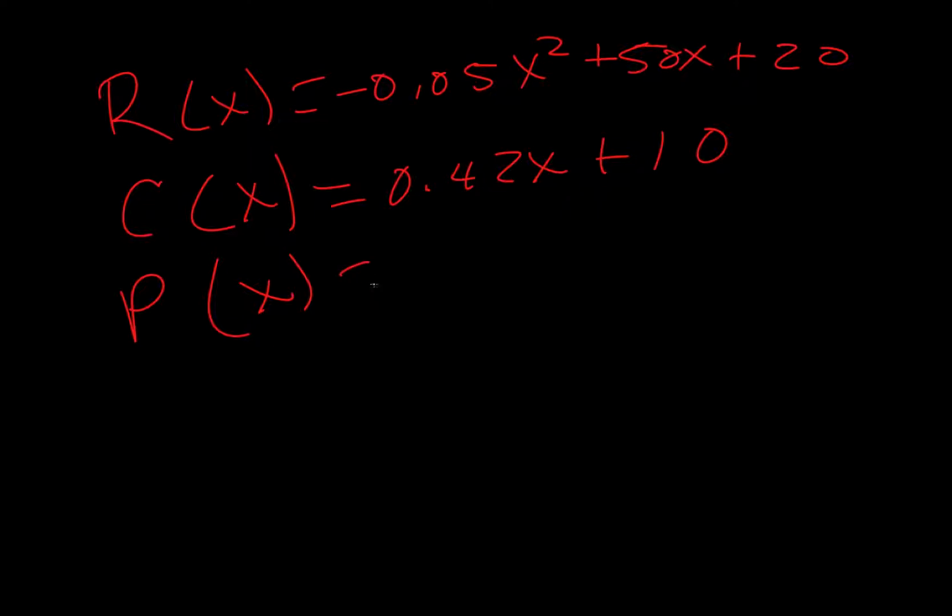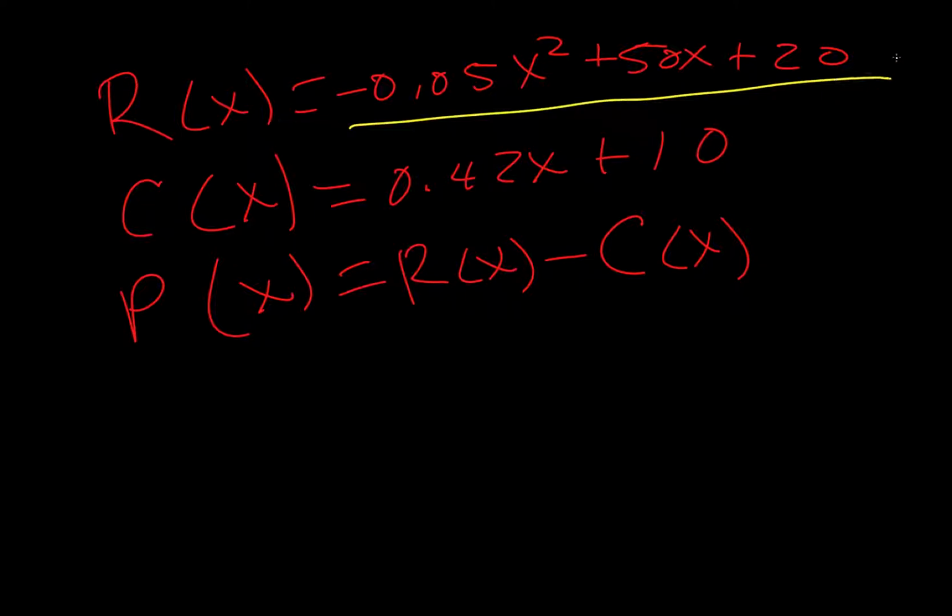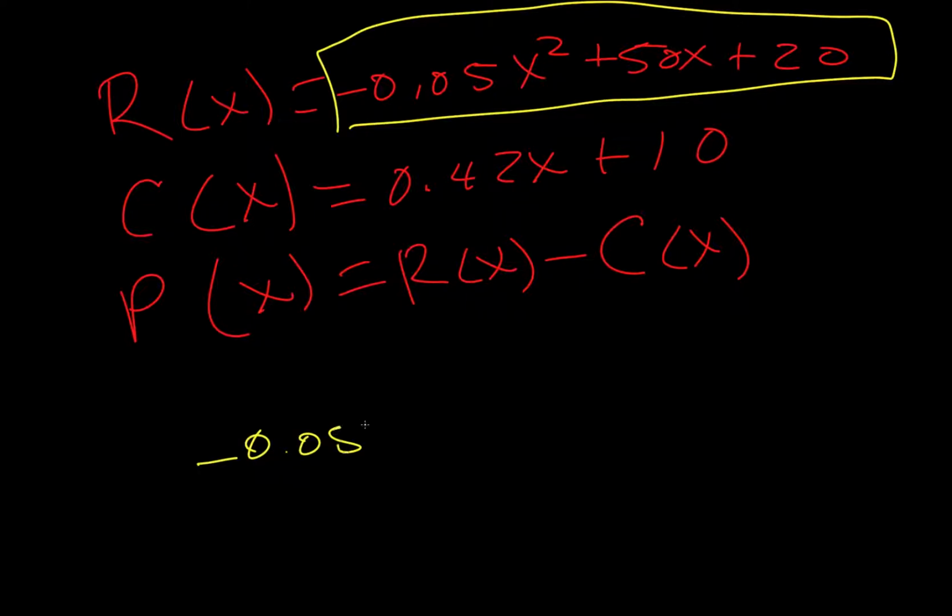So the profit is just the total revenue, because that's the amount of money coming into a company, minus the total cost. And then that's just what profit is. So what we need to do is fill this out. So we're going to take all of this, negative 0.05x squared plus 50x plus 20.